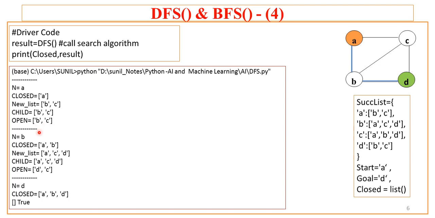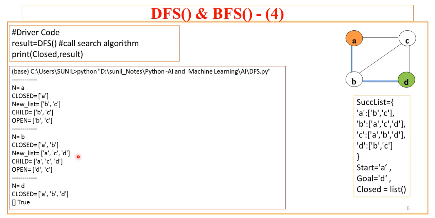Now open is having B at the beginning, so the next iteration starts with the first node picked from the open, that is B. As B is not the goal, first B is added to the closed. So initially closed was having A, now it has two elements A and B. Now B is not the goal node, so what are the immediate successors of B?